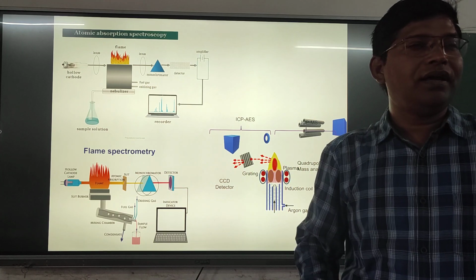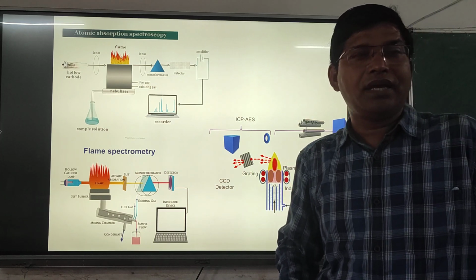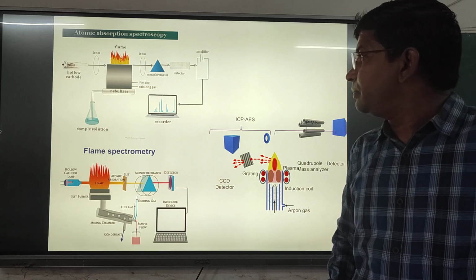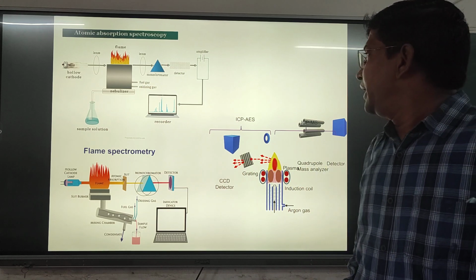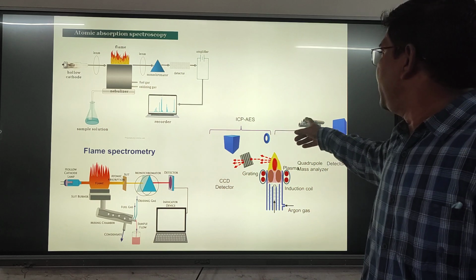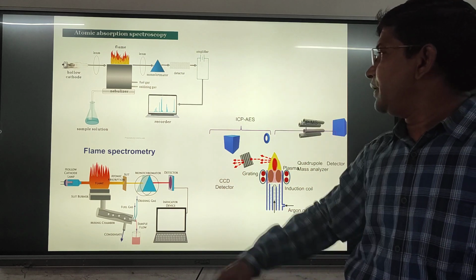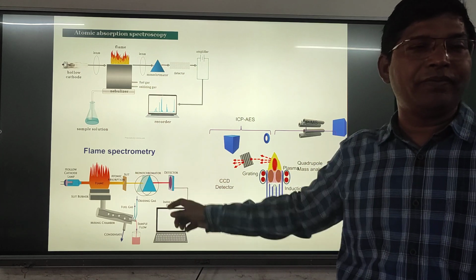So finally, in the previous class, I told you about atomic absorption spectrometry, flame photometry, and now ICP-AES and ICP-MS. We will start with the flame photometer.